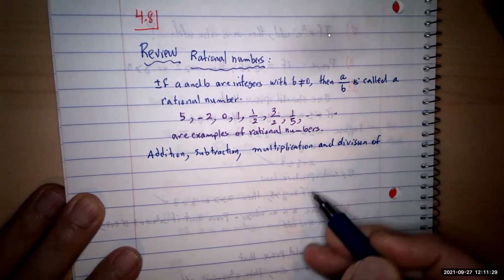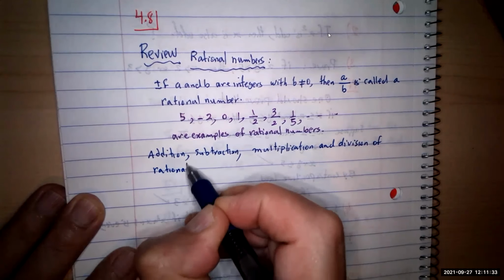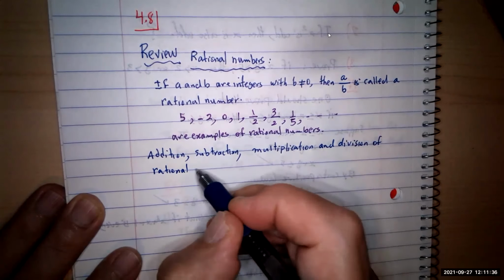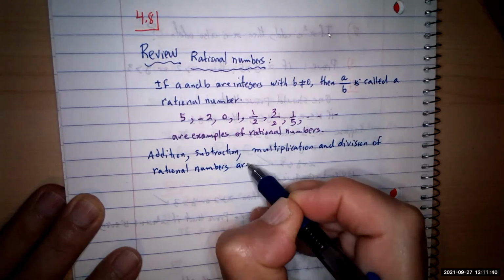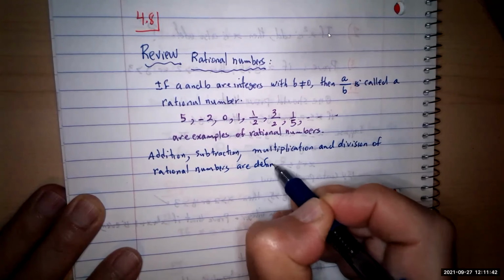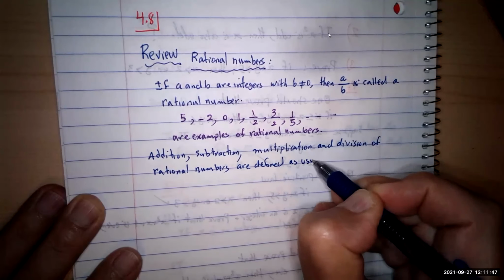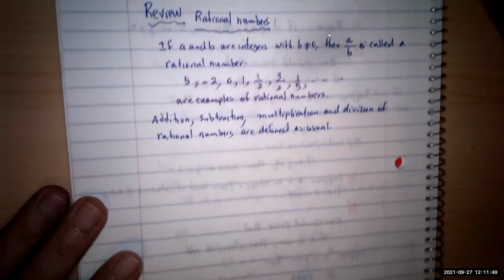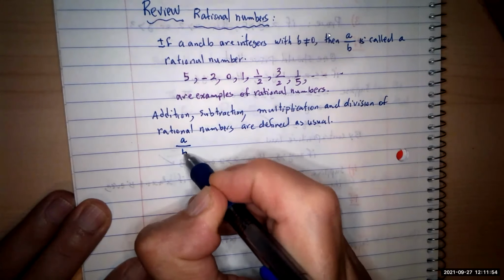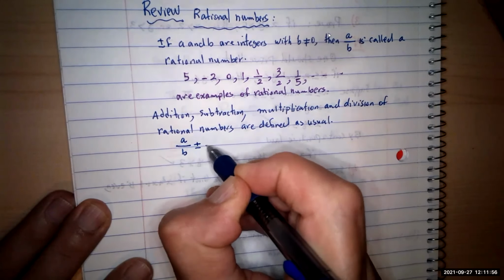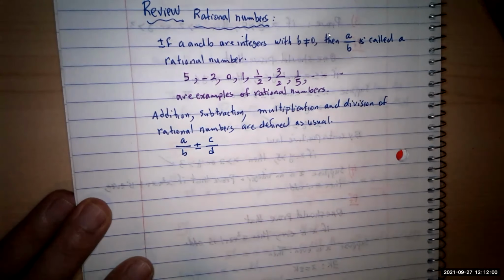In your book, they talk about all of them one by one, but this is all we need. Operations of rational numbers are defined as usual. What does it mean as usual? If you have two fractions, A over B and C over D, and you want to add or subtract them, you find the common denominator.